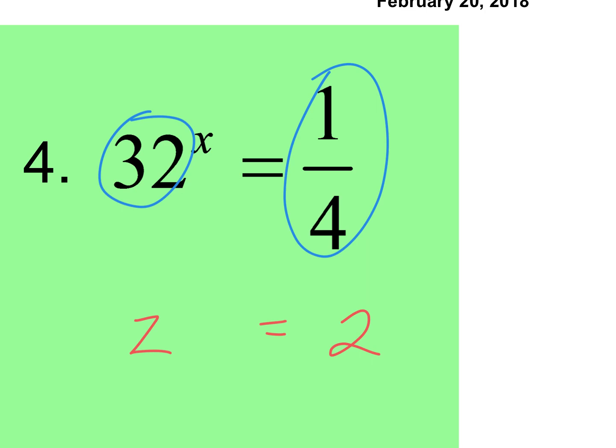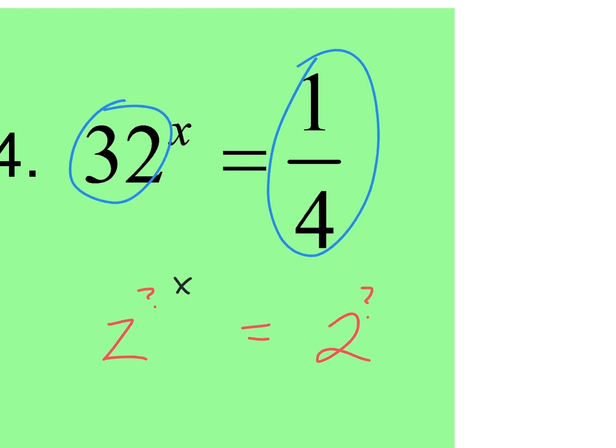And don't forget the x. 2 to the what? You can figure it out. It takes a little bit of knowledge of how to flip things, because this is 1/4. Don't forget the flip thing is a negative exponent. If I give you just that hint that there's a negative exponent involved, maybe that's enough for some of you.